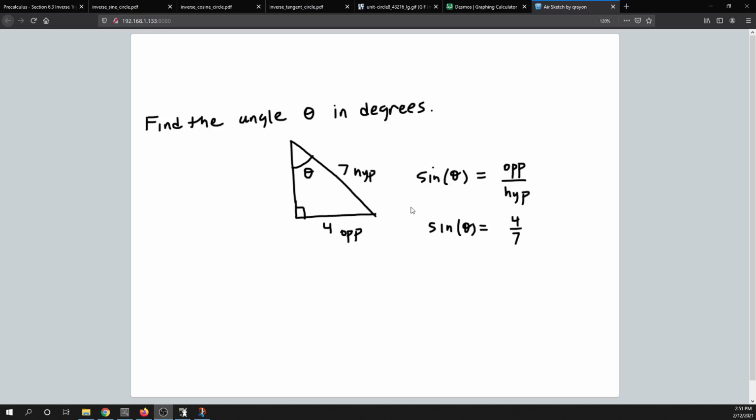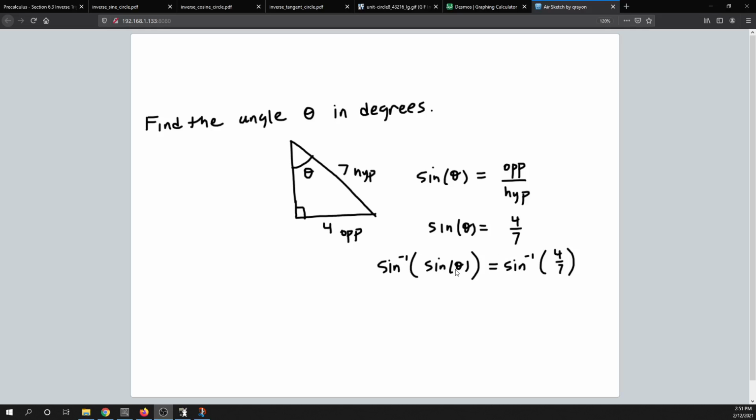Okay? And now to solve this, what we will do is use the inverse sine. So we take the inverse sine of both sides.